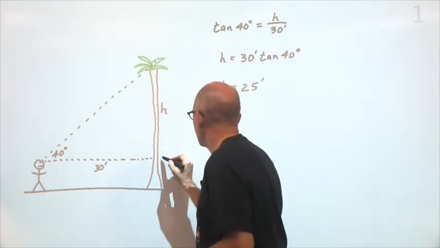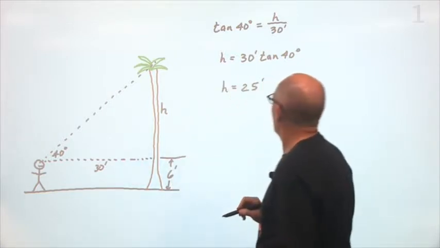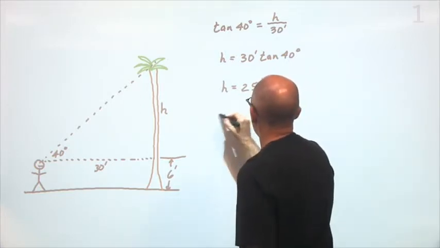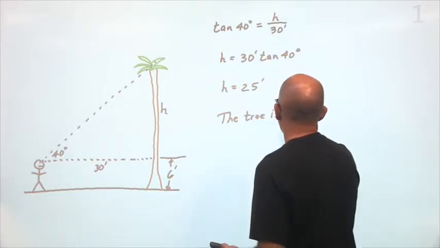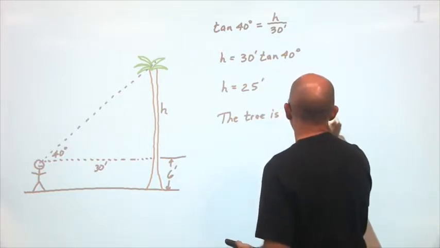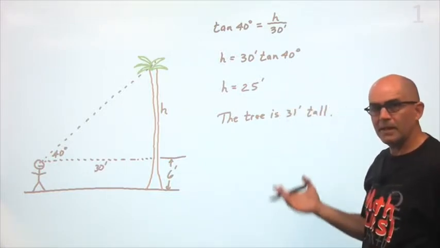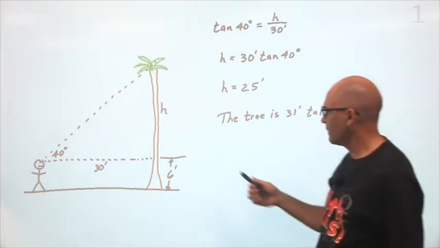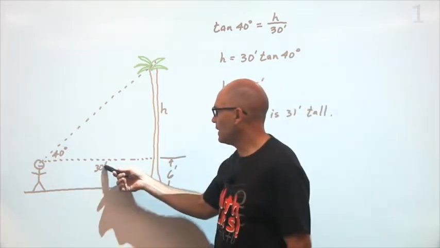So basically the height from here to here is 6 feet. So that means we would just add 6 feet to that. So the tree is 31 feet tall. That's it, piece of cake. So it's really similar to what we've done in the past. We're just solving for triangles given a side and an angle.